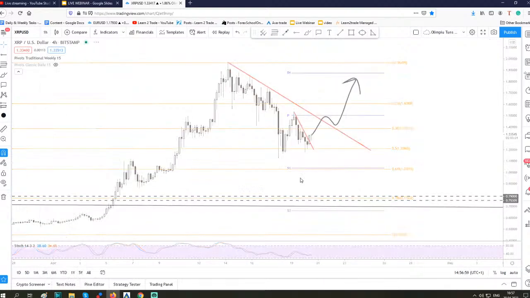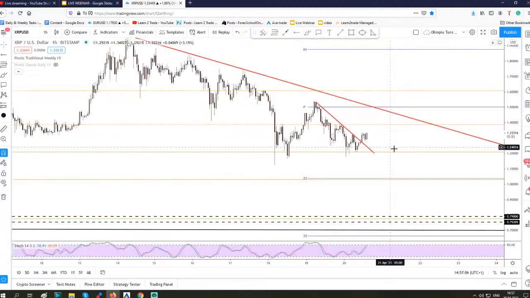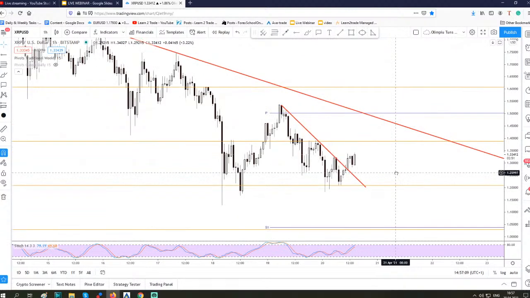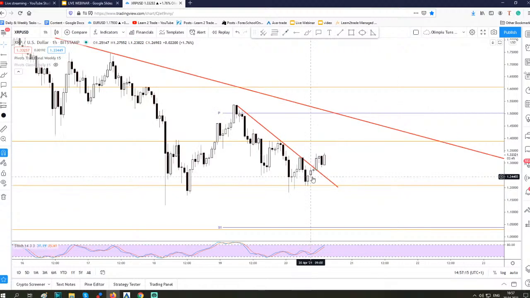Let me delete this one here, and maybe we had a long entry here in the short term after the price retested the 50% retracement level, and after this breakout here.